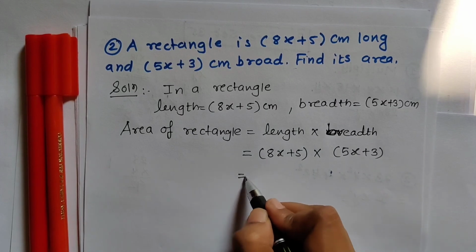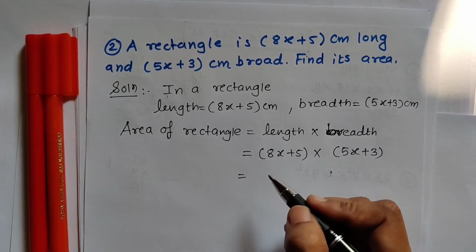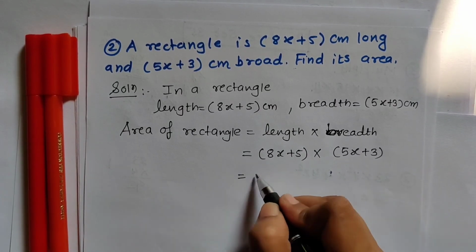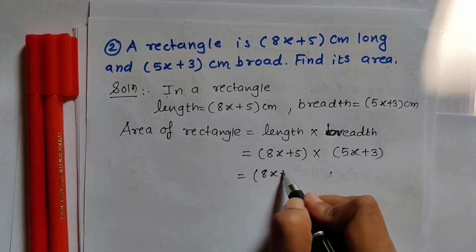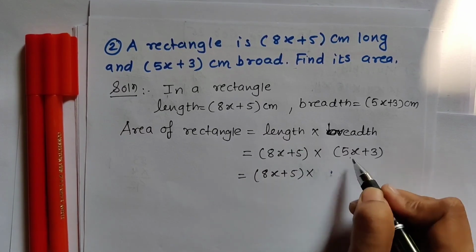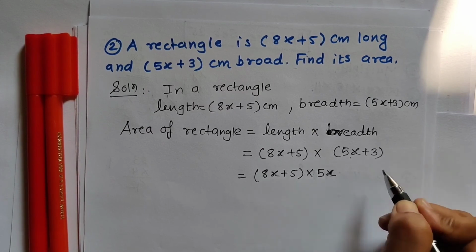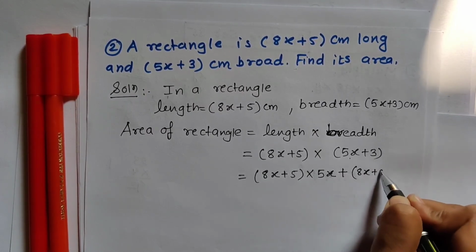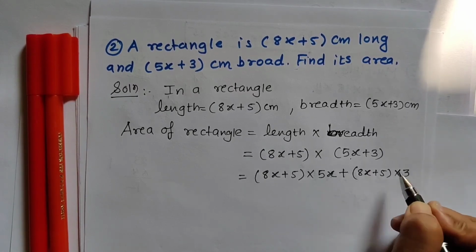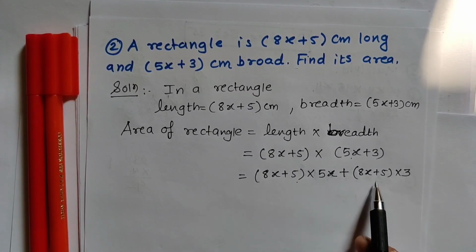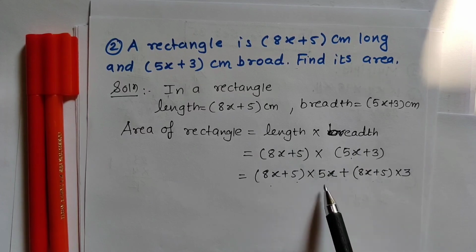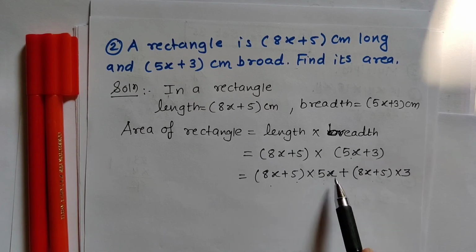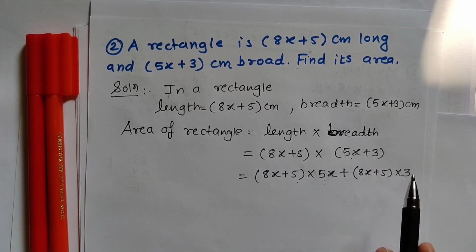How to do multiplication of two binomials, we have seen in the last sum of the first question. We have to write the first bracket multiplied by the first term from the second bracket, then plus sign, write the first bracket again multiplied by the second term of the second bracket. We have to write the first bracket both the times. First time multiply by the first term, second time multiply by the second term.